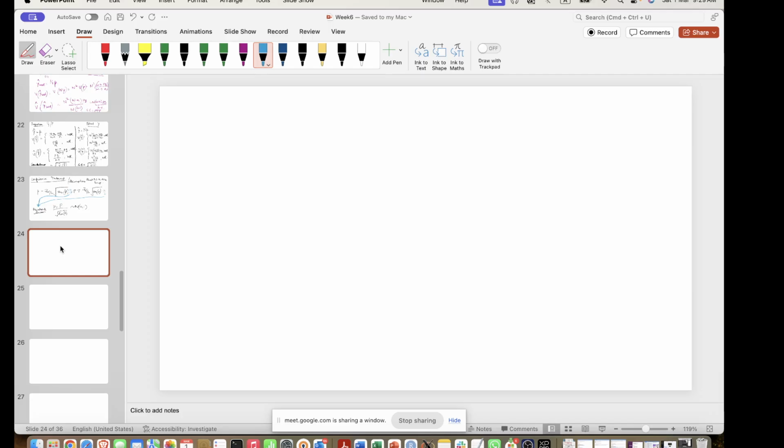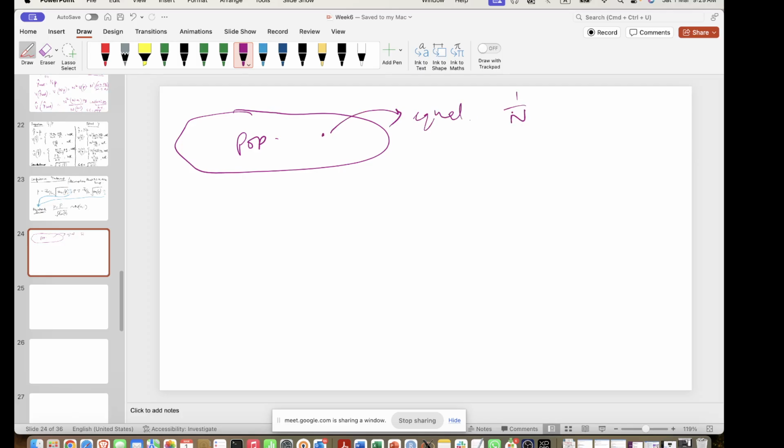Right now what we were doing, we had a pool like this population where each element had probability of selection equal to 1 by n. But in SRS WR, we selected something, we gave it back and then again reselected.